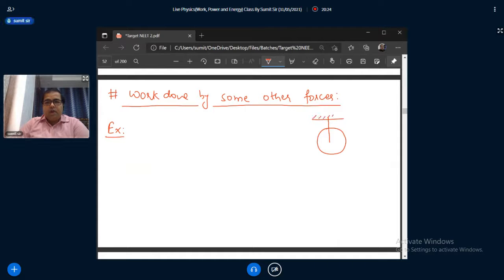You have this Atwood machine, and this is 30 kg and this is 10 kg.